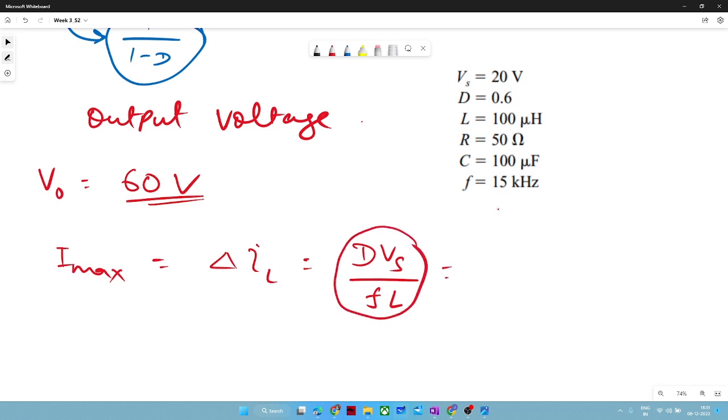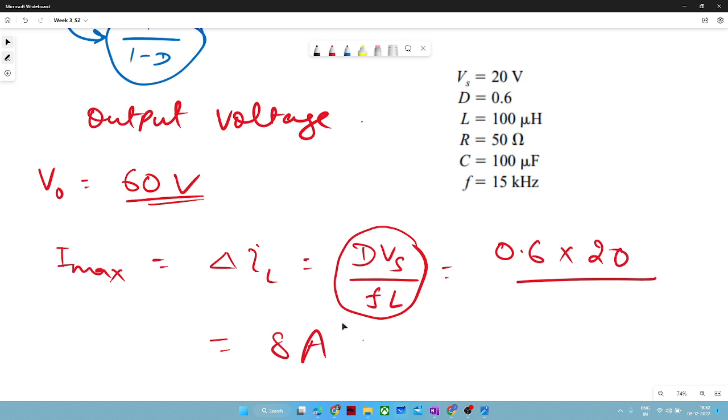That's how I remembered it. So if you put all the values D, Vs, Fl, you will get your Imax and that will be 8 ampere.